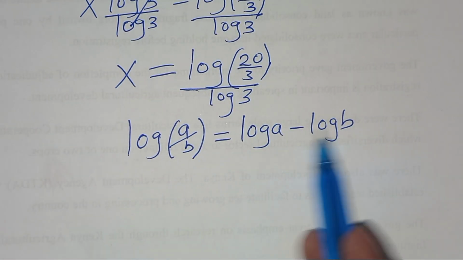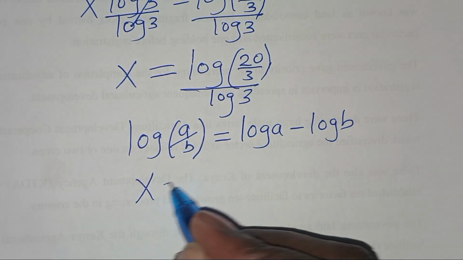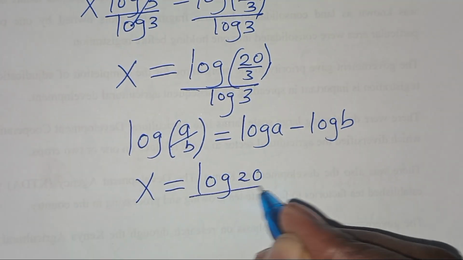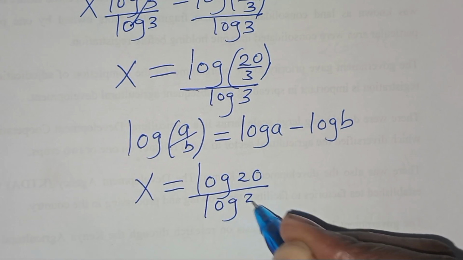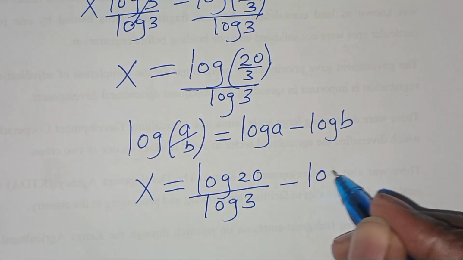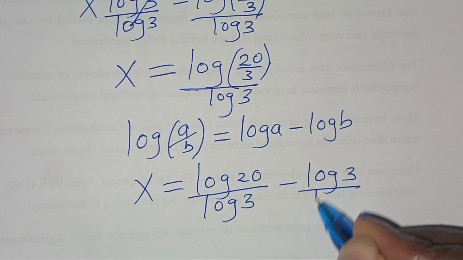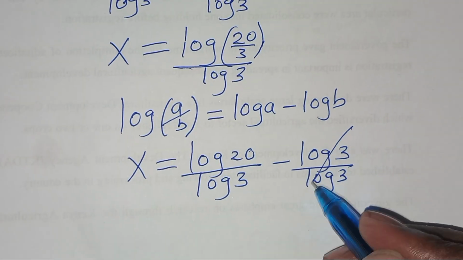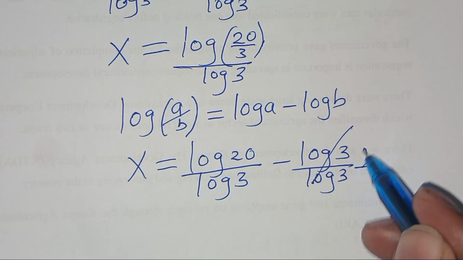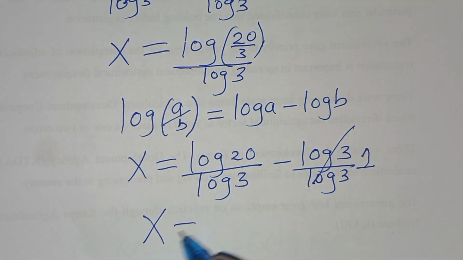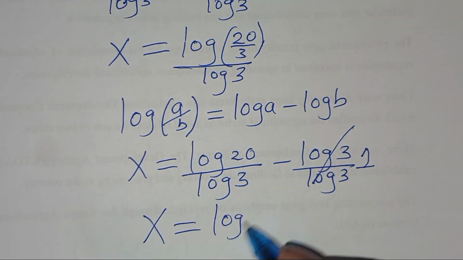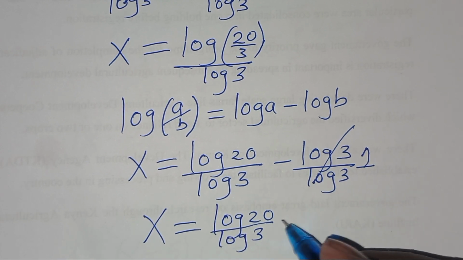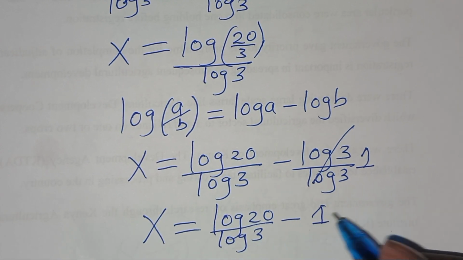So applying this logarithm property, then x is equal to, this is the same thing as log 20 divided by log 3 subtract log 3 divided by log 3. So the first thing to note here, log 3 and log 3 simplifies. So this is equal to 1. So x is basically equal to log 20 divided by log 3 subtract 1.